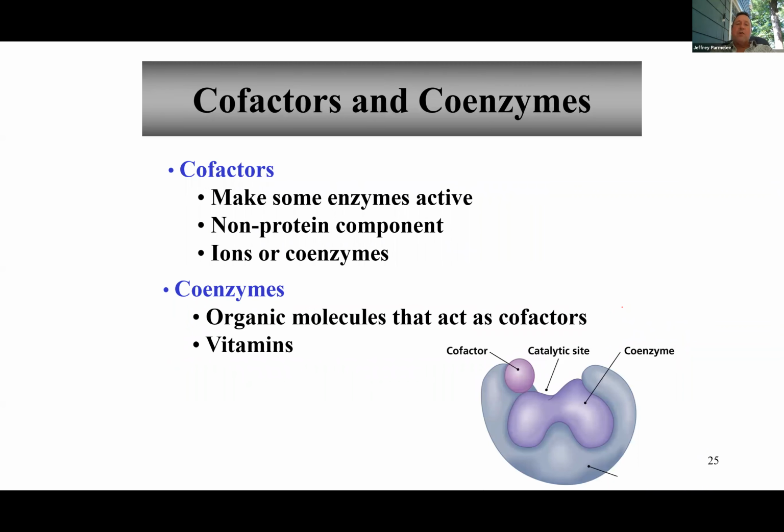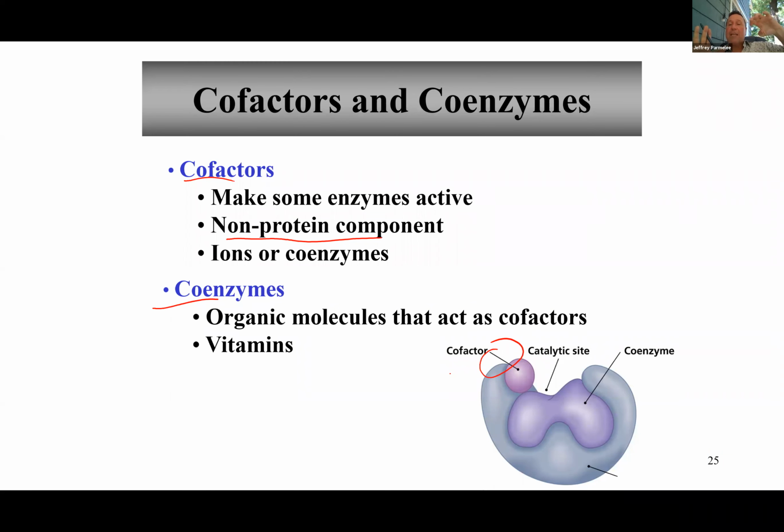A couple of things also, you can have cofactors and coenzymes. Cofactors are non-proteins. So these are often small molecules that are involved in controlling enzymes. They attach, you can see, not to the main site, not the active site, but another site, allosteric, a different site. Then it's going to change.